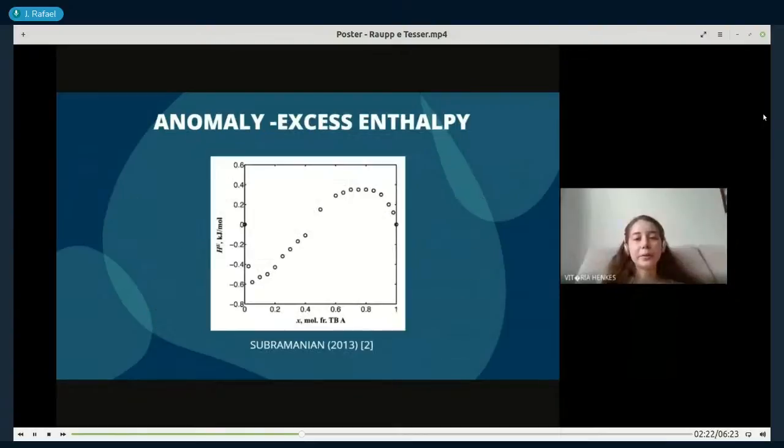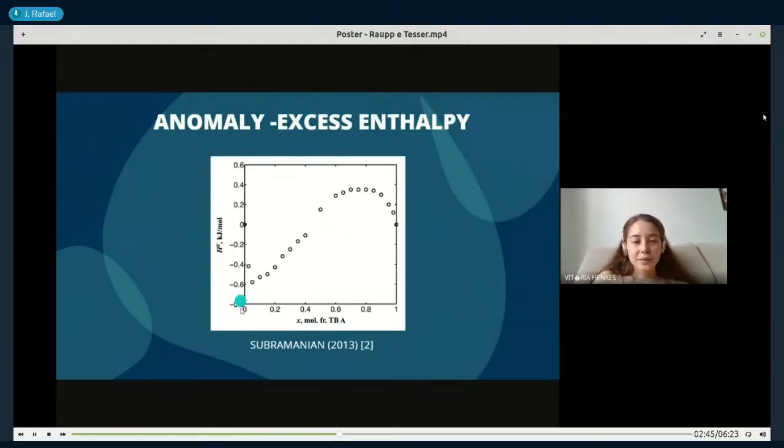Another anomaly that we observe in mixtures of water and certain alcohols, like the ethanol that we are using here, is the excess enthalpy. In this graph, we can observe the relation between the excess enthalpy and different molar fractions of ethanol in the mixture.